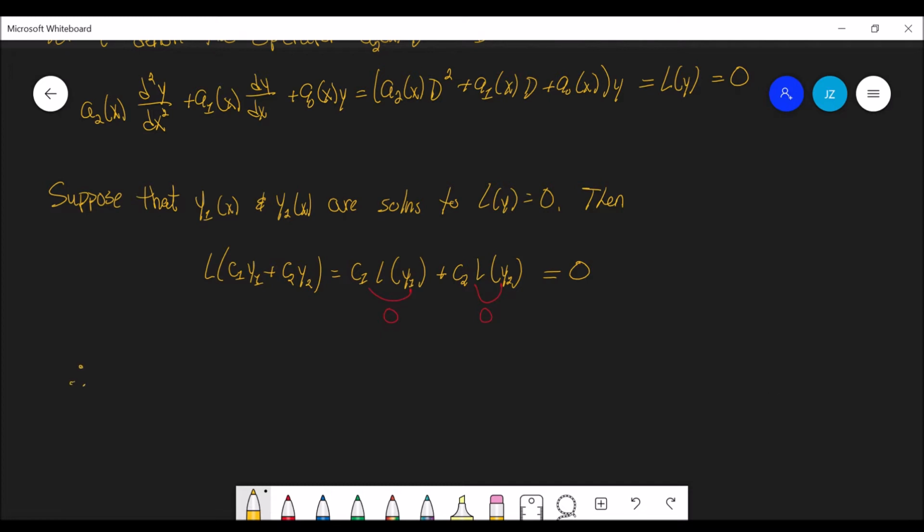So we can therefore conclude that c1 y1 plus c2 y2 is also a solution to L of y is equal to 0. And that completes the proof for the second order case. As was mentioned, the proof for a more general higher order case is analogous to this.